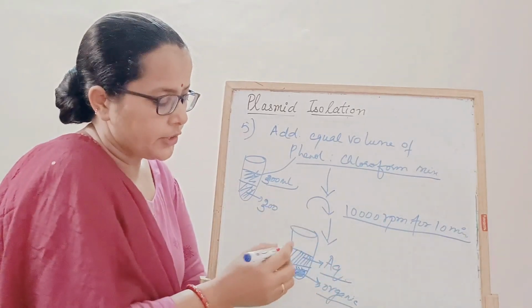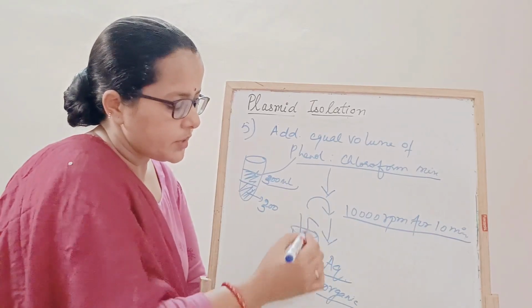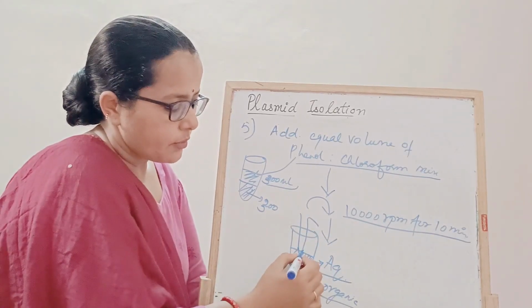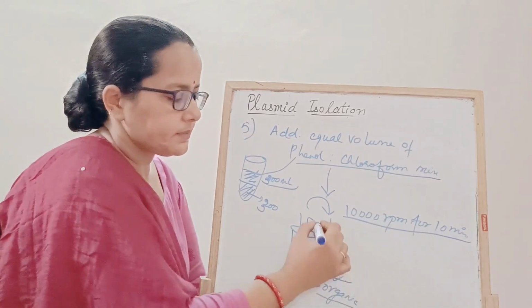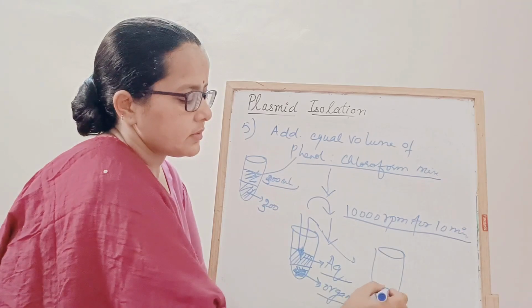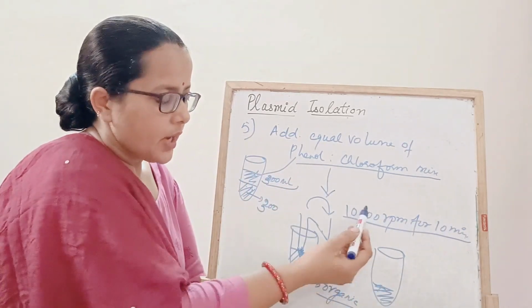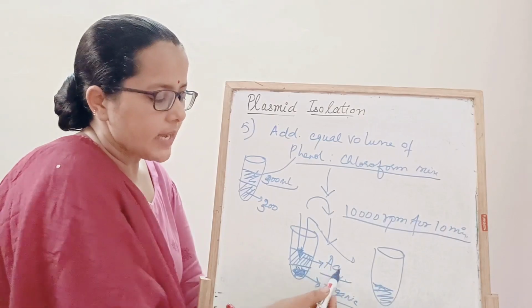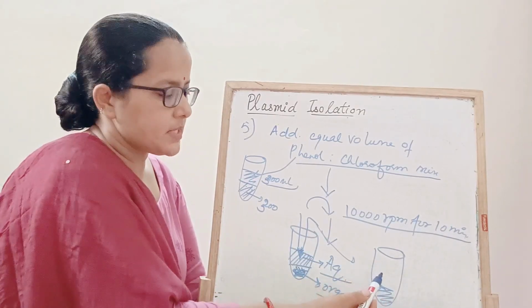You pipette it out very slowly from the center, take out the liquid and transfer it to a fresh tube. So after centrifugation you take out the aqueous phase and transfer this aqueous phase to the new MCT.